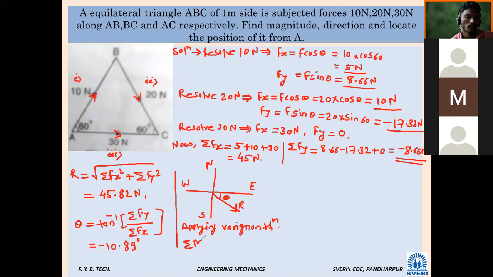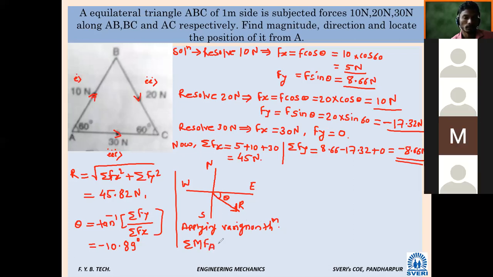Summation of moment of all forces at a particular point is equal to the moment due to the resultant at that same point. I will say M, summation of moment.